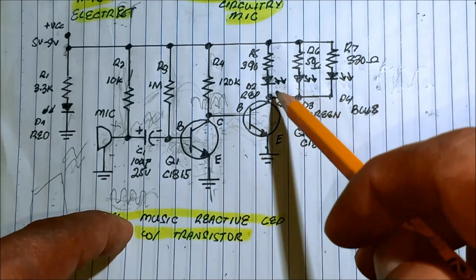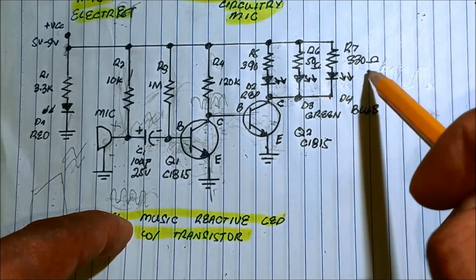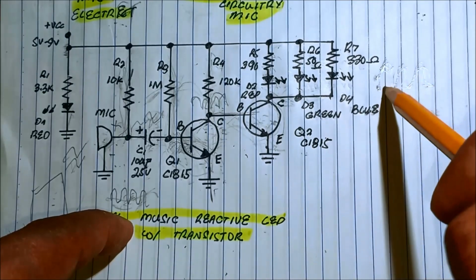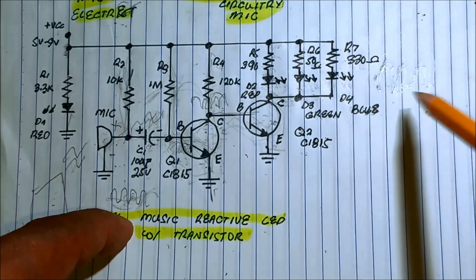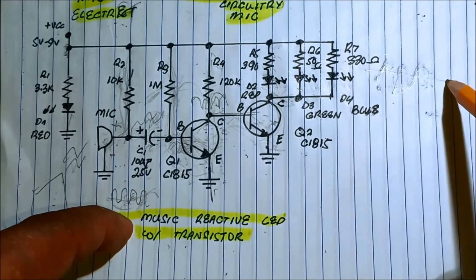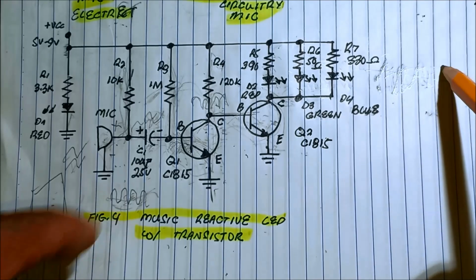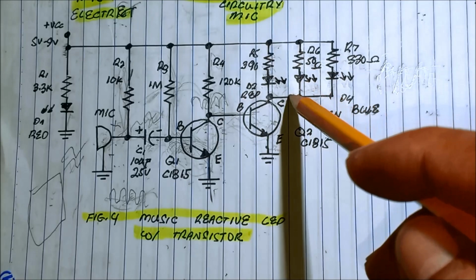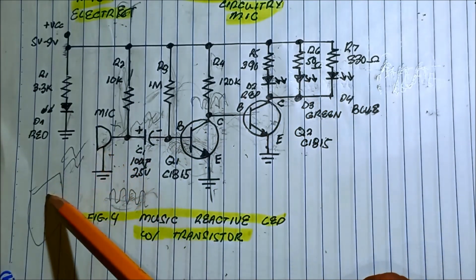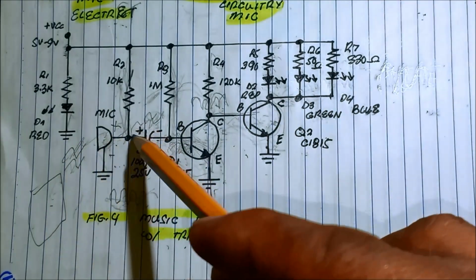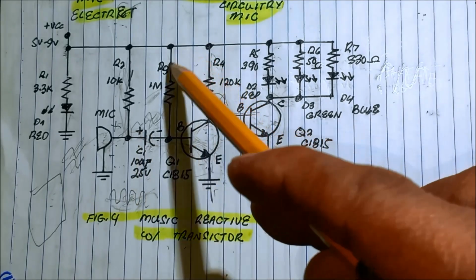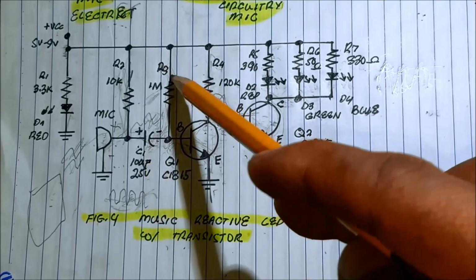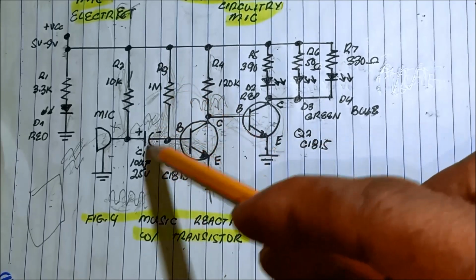Because our amplified signal is not DC, it is an analog waveform, analog alternating current type, AC, analog audio waveform. So whenever we play music to the mic, the DC current of the transistor biasing will not pass through the capacitor.